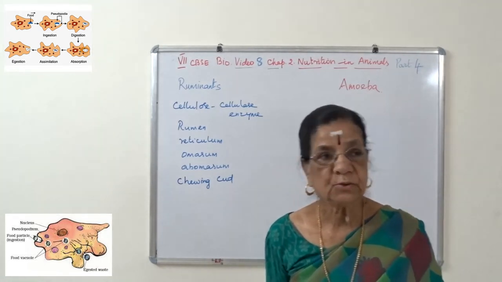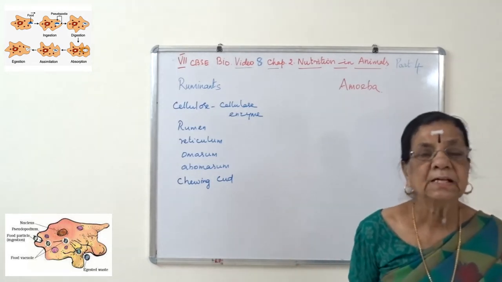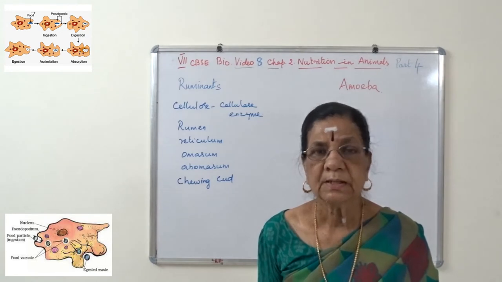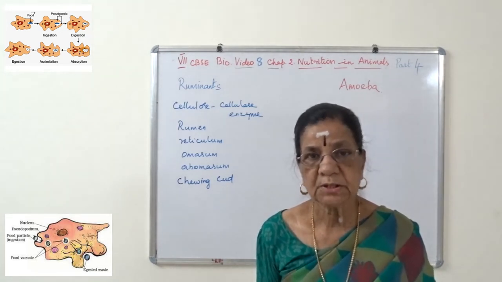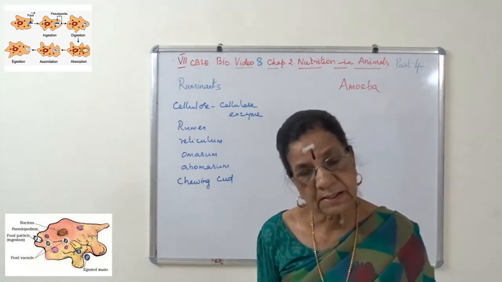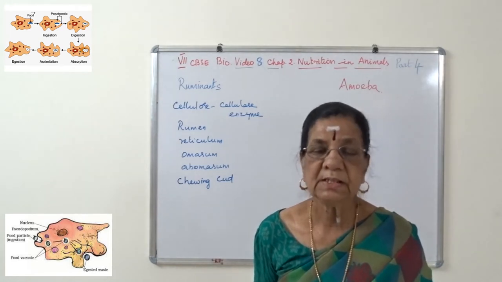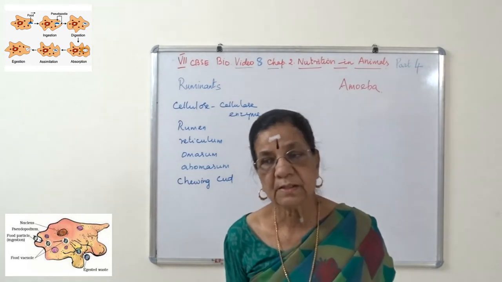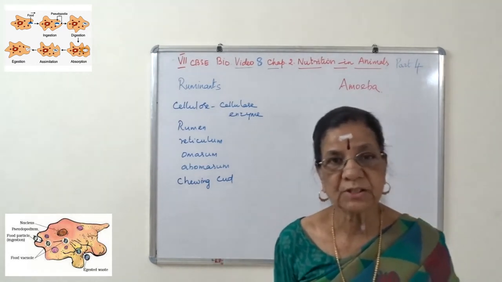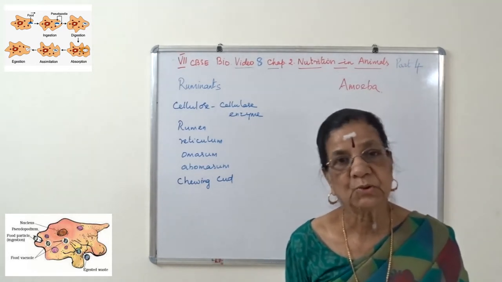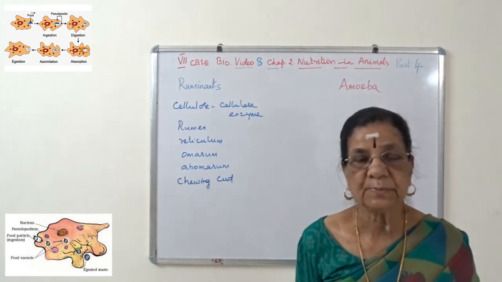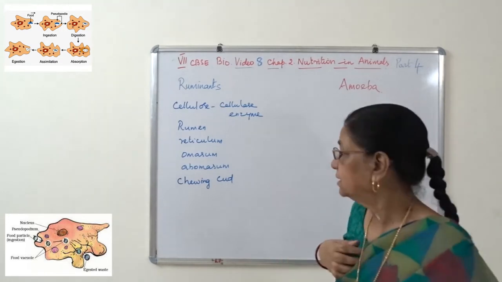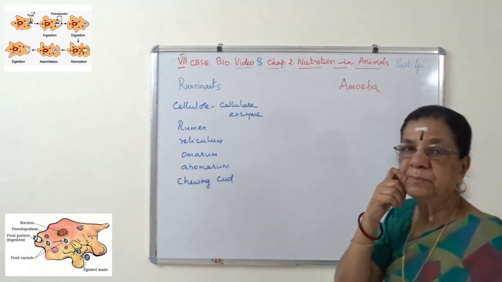So nutrition in ruminant animals has ingestion, digestion, absorption, assimilation and egestion. If the five steps are clear? Only in digestion, the stomach and food chambers we can study in more detail. I hope you understand.